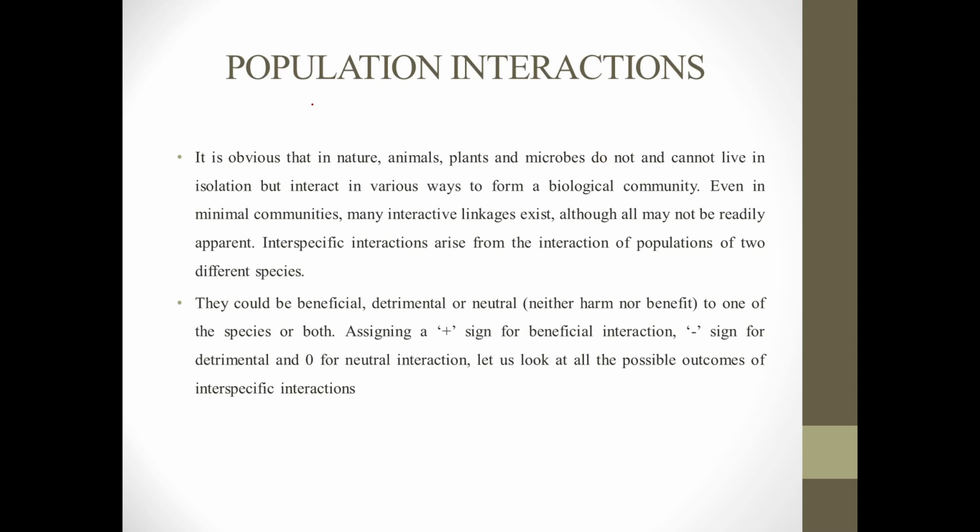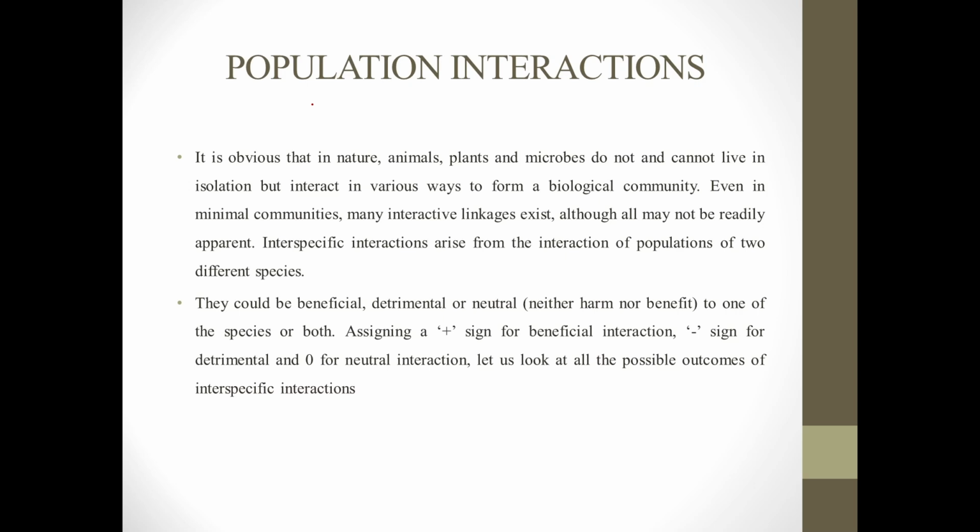Now we'll talk about population interactions, right? We know that in a particular habitat or a well-defined geographical area, there are many species which live in harmony or an ecological equilibrium, where they interact with each other and with the physical or abiotic environment.